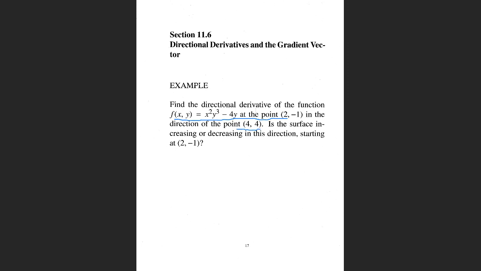They're not giving you in this problem an actual vector, or what the angle is, but they are telling you that we're at the point 2, -1, and we're looking in the direction of 4, 4. So we ought to be able to figure out the direction vector. And then we're asked, of course, is the surface increasing or decreasing in this direction?